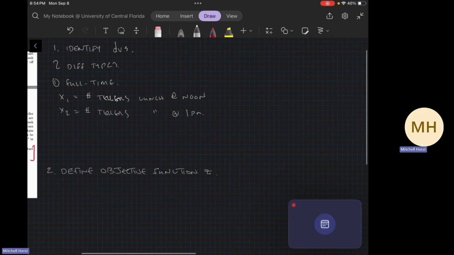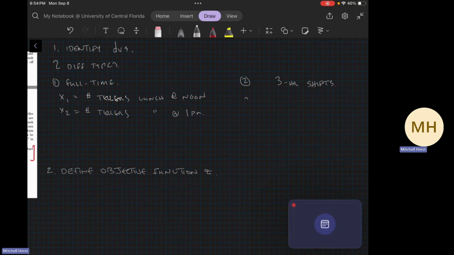Okay, so the second type of decision variables we're going to have to account for are the part-time bank tellers. So we know that that's in 3-hour shifts. Okay, so we'll let P denote the part-time tellers, and we're going to separate that into their shift time.